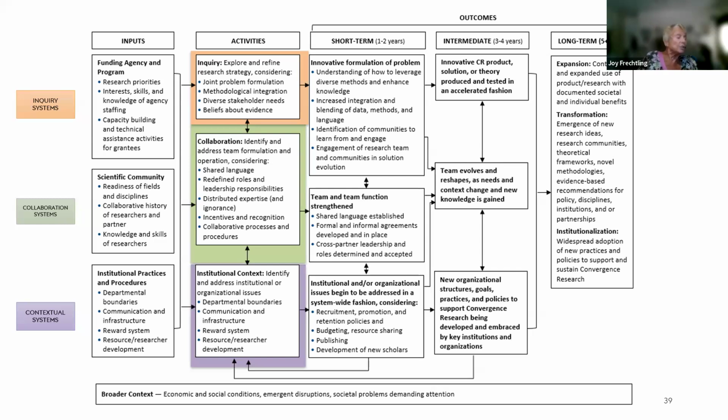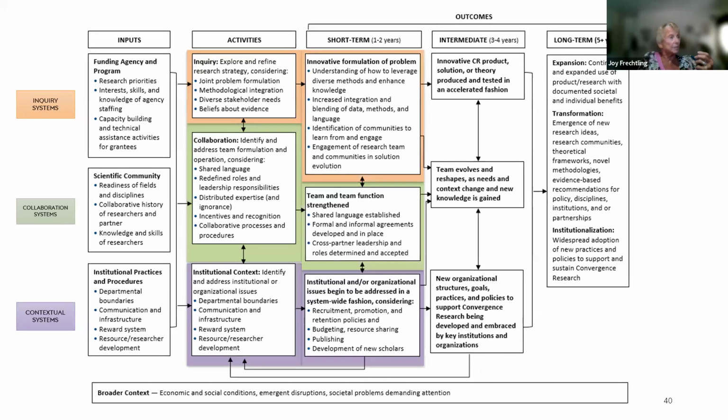If you look at the institutional context, again in terms of activities, are you seeing an attempt to understand and break down departmental boundaries, identify issues in the reward system, create new kinds of resources and researcher development? Those are the things that need to be built into the activity.